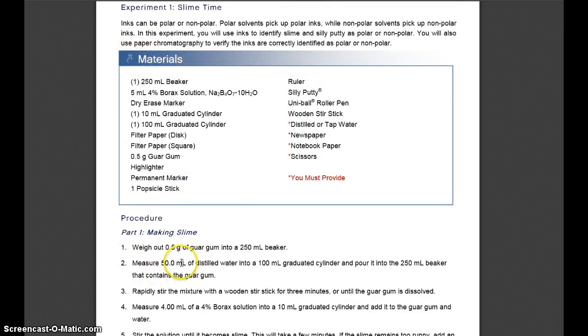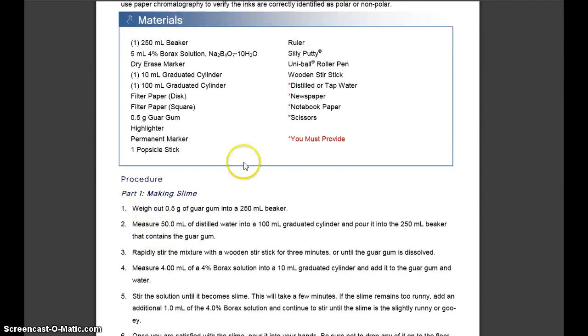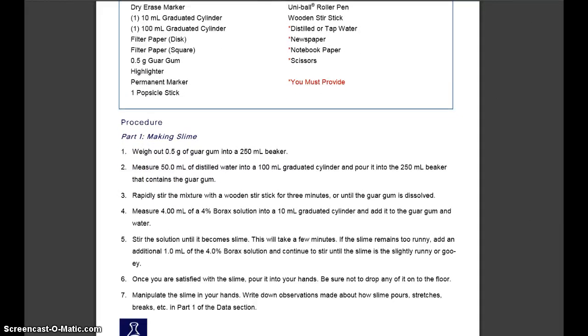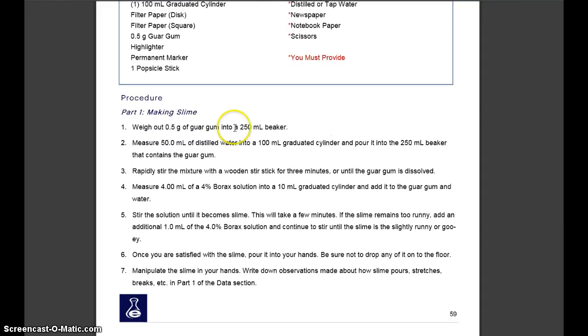Materials, methods, and read again the how to write a lab report. And so you will not say in materials and methods, you will not say weigh out 0.5 grams of guar gum. You will say guar gum was used to make a solution or whatever you do with it. Same with borax and so forth.